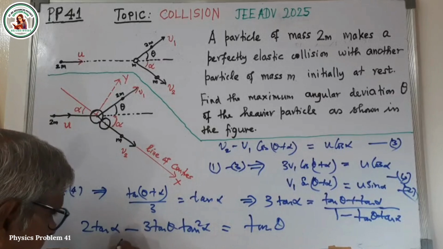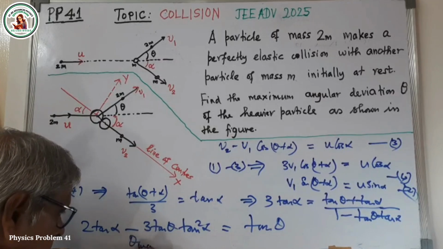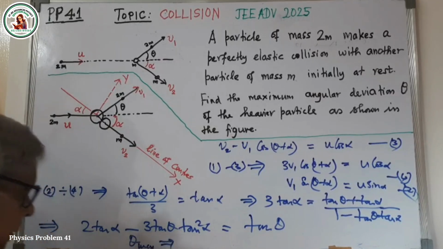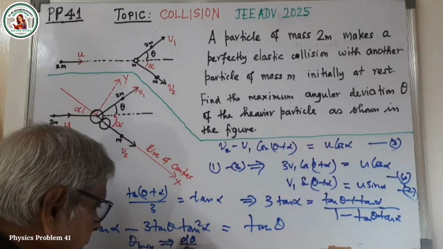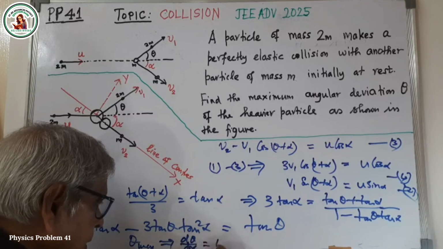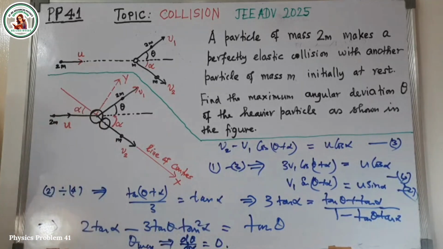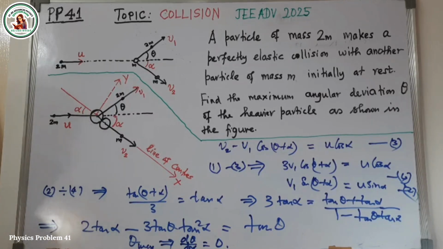So theta maximum implies d theta by d alpha must be 0. That is our calculus I am using. So we work out d theta by d alpha equal to 0.